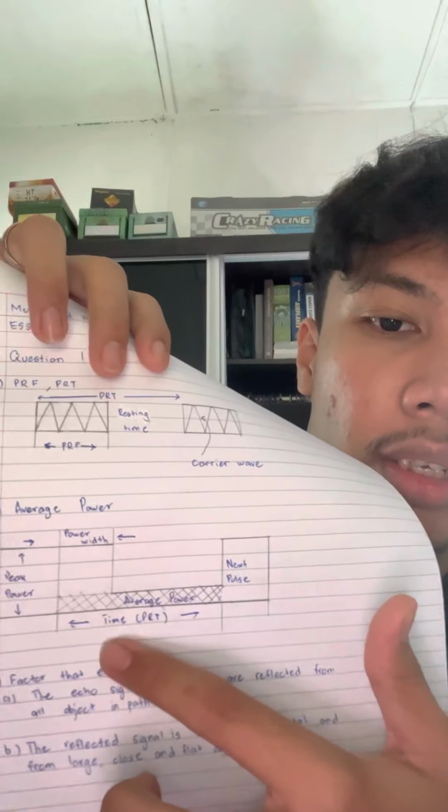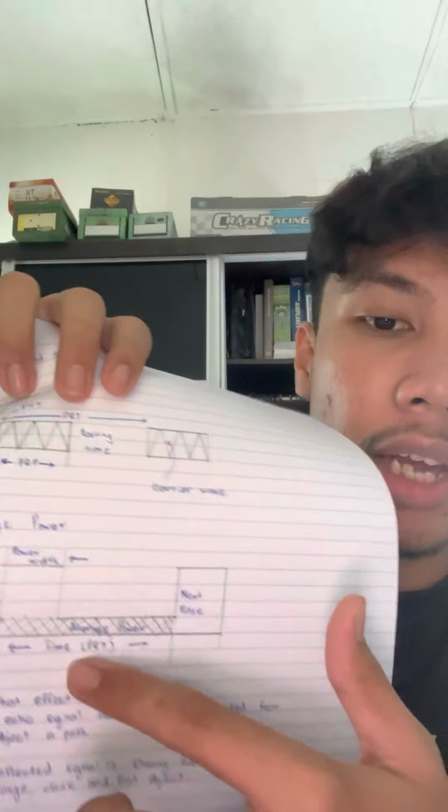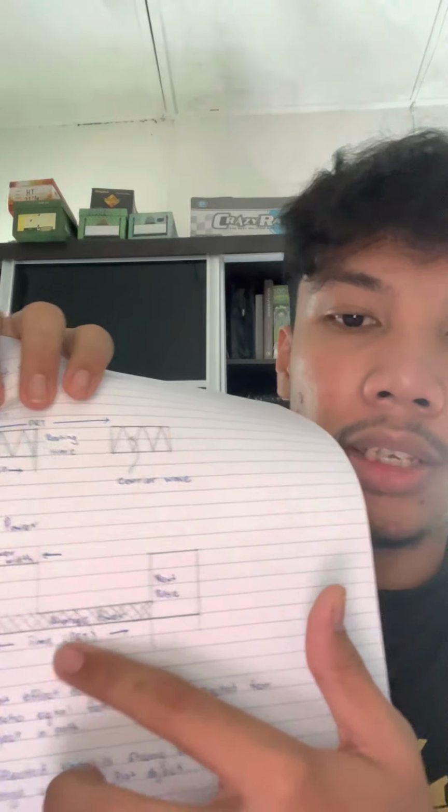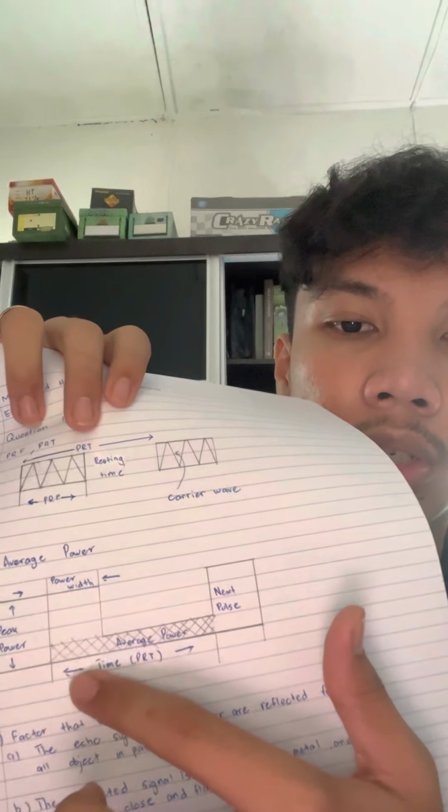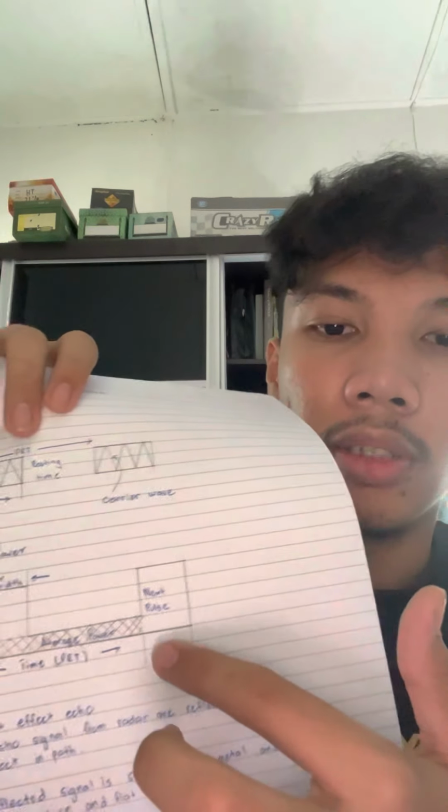So this is the power. The average power is called time, which is PRT. So PRT goes through the average power.